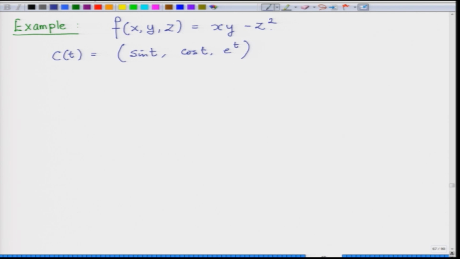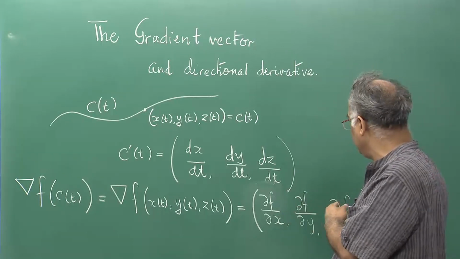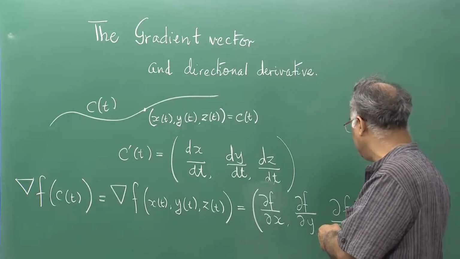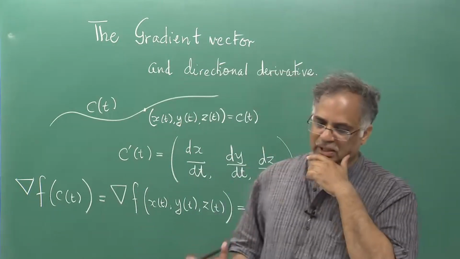Now I call u equal to f(c(t)). I want to compute du/dt. I will first compute del f/del x, del f/del y, del f/del z individually, and evaluate them at the point sin t, cos t and e^t.